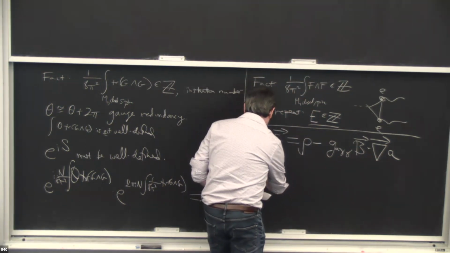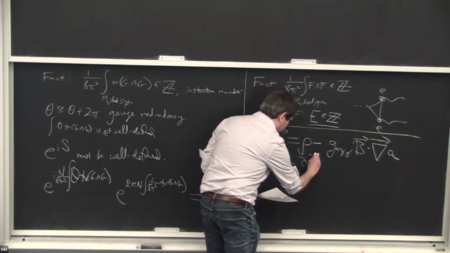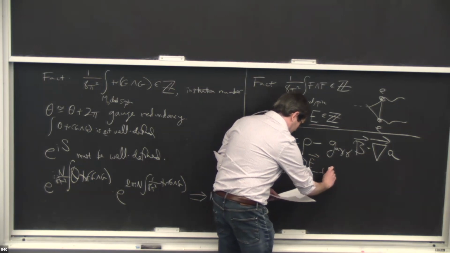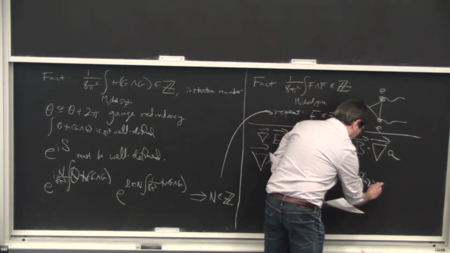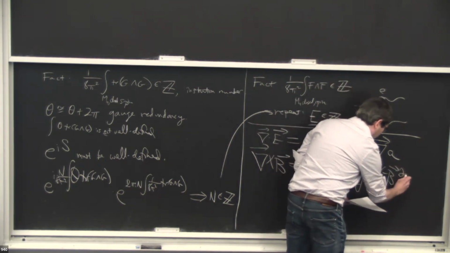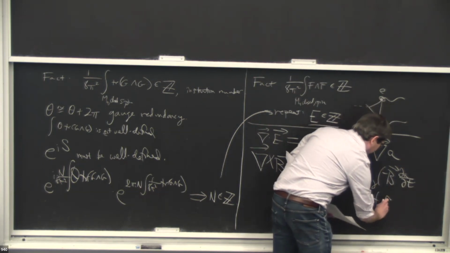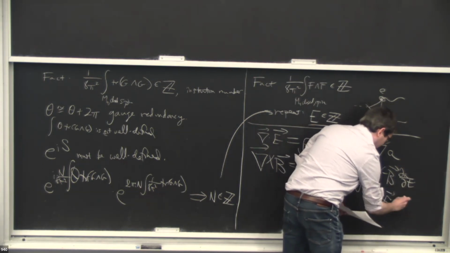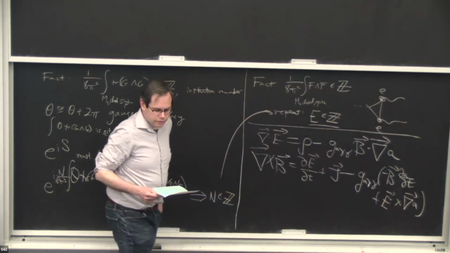Another thing that happens is the curl of B has a new term: g_{aγγ} times magnetic field times the time derivative of the axion plus electric field cross the gradient of the axion.